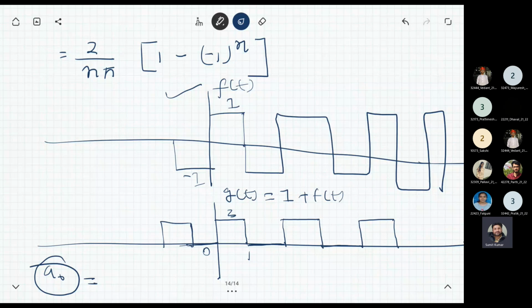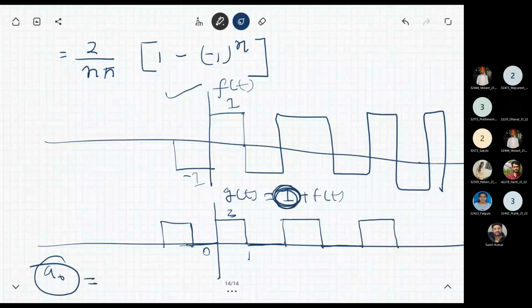That this one, this constant. तो इसके फूरियर सीरीज में भी यही डिफरेंस होगा. Its an is going to be equal to that. Its dn is going to be equal to that. What will be different? Difference will be constant, and constant is generally mapped as a naught. So only a naught का difference होगा ft और gt, and we can do this.